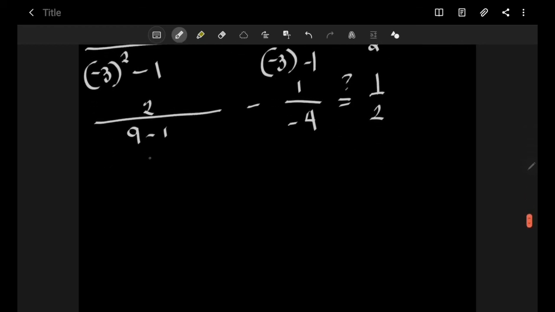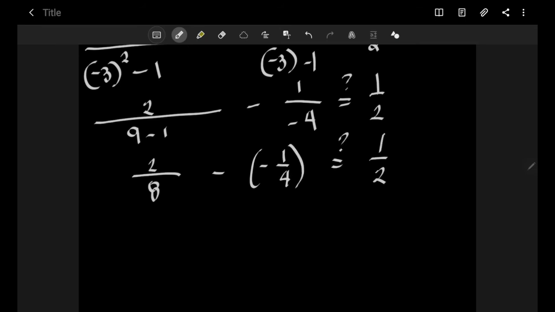So, what is 2 all over 9 minus 1? We have 2 all over 8 minus negative 1 all over 4. Is it equal to 1/2? So, 2 all over 8, that is equal to 1 all over 4. So, change the sign and proceed with addition. So, it will become plus 1/4. Now, is it equal to 1/2?